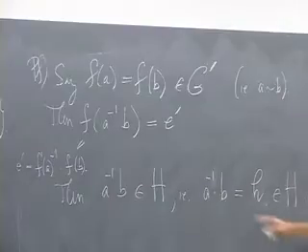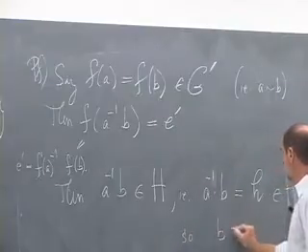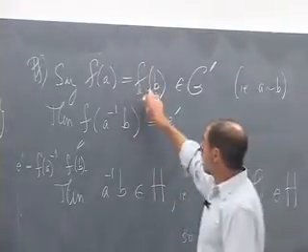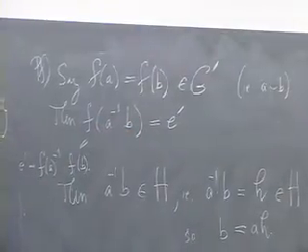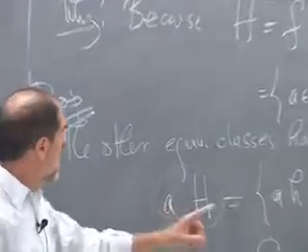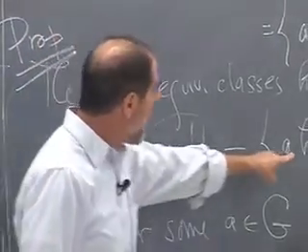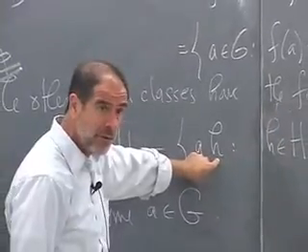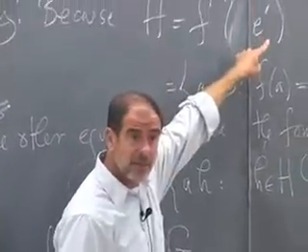And now multiply both sides of this by A on the left, so B equals AH. So if I have an element equivalent to A, it lies inside of this set. Conversely, if I have anything in this set, it's equivalent to A, because if I apply f to an element like this, I get f of A times f of H, and f of H is, by definition, the identity element.